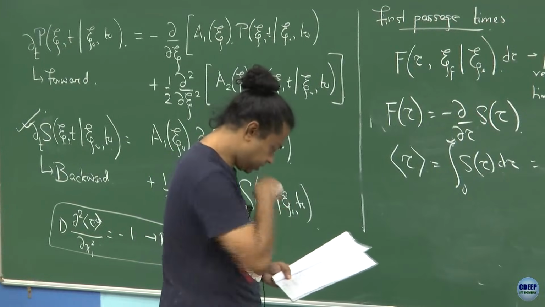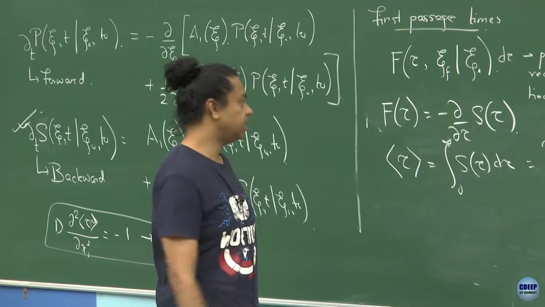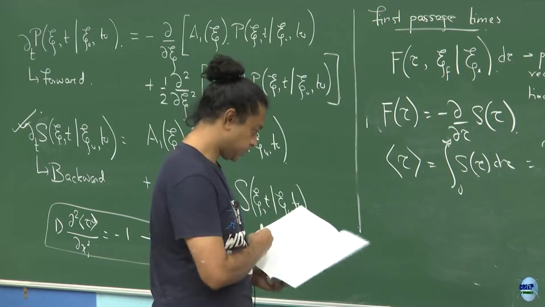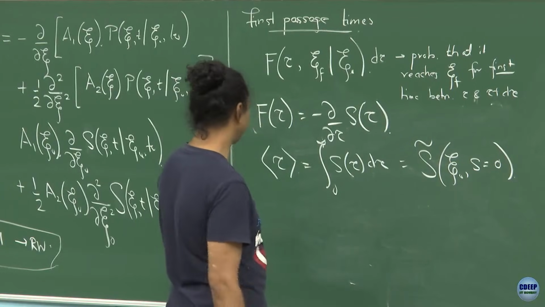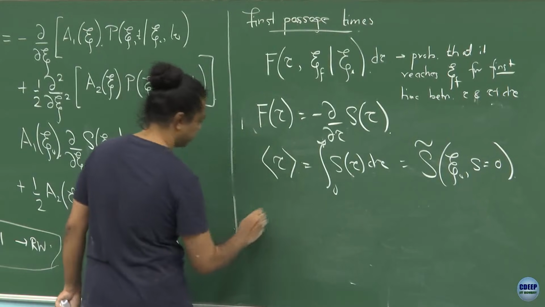You can do this for any moment that you want in principle. So for example, this is the first moment, let's say I want the second moment. So let me call that tau 2.